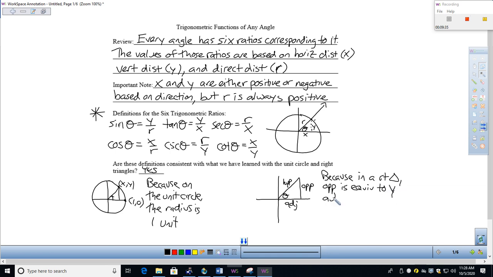The adjacent is equivalent to x, and the hypotenuse is equivalent to r. So why did I put this up on the board here? Just so you can see that these definitions are not new in any sense. They're just an extension of the two representations that we've worked on previously. I hope that makes sense for you. Okay, I'm going to move on to my next board.